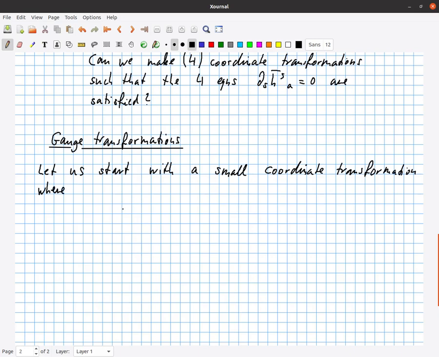So what we are doing is we are assuming that our old coordinates x^i can be written in terms of some other coordinates x prime minus some function of the primed coordinates, so that the whole right-hand side is a function of the new coordinates.